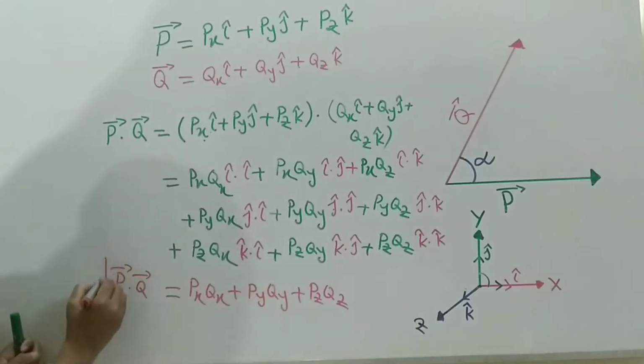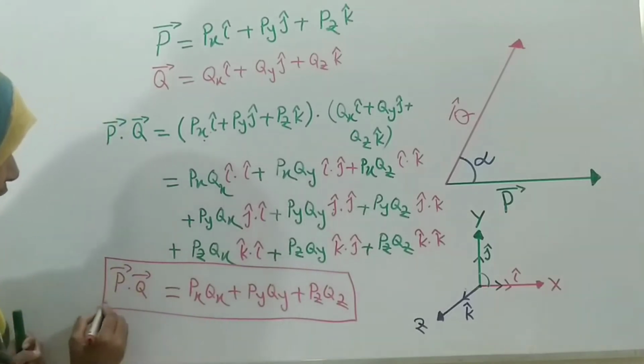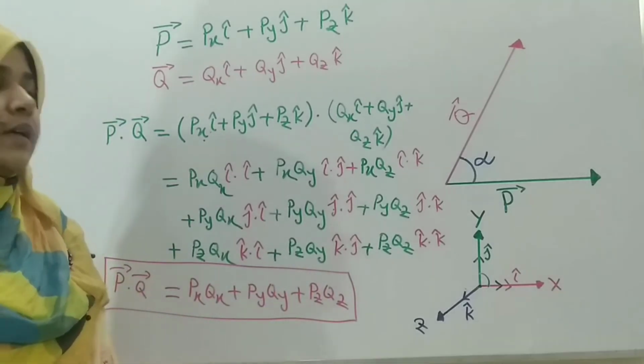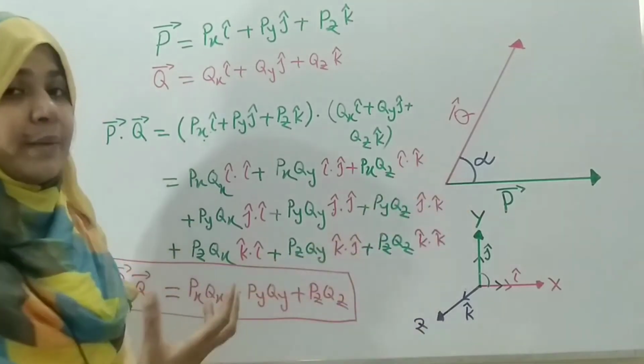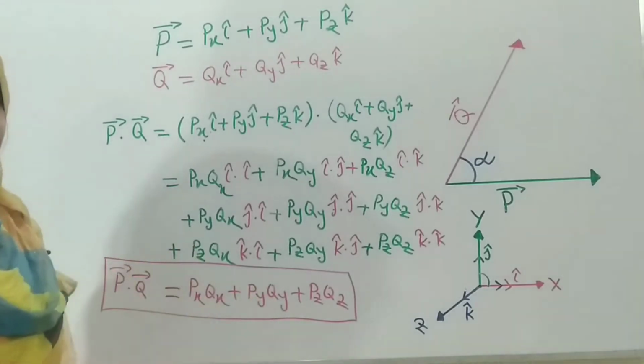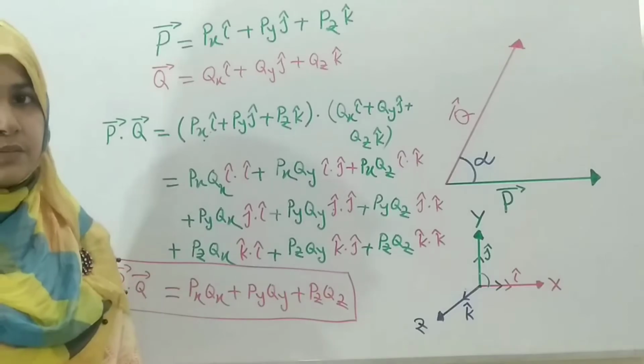So it is also an important formula. Okay, if you don't get the angle between two vectors and the magnitude of two vectors, then by applying this formula we can easily identify the dot product of two vectors.